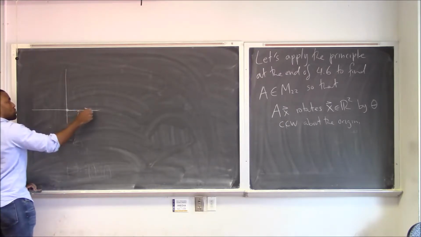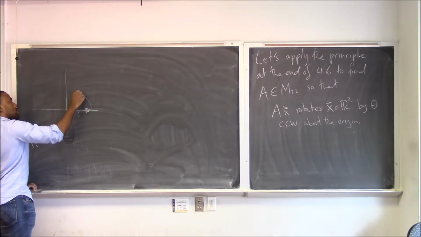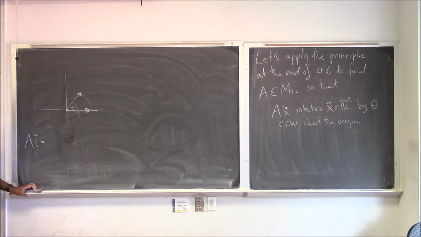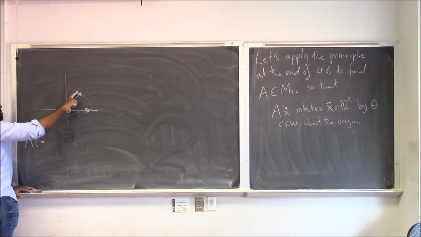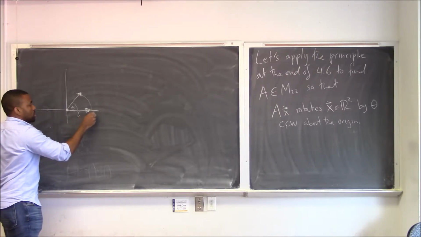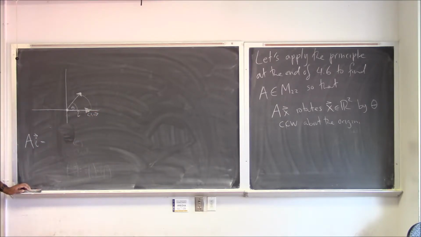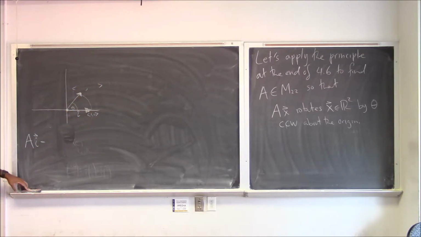Let's say I want to rotate counterclockwise by some angle theta. Now the question is, how does this vector change to that vector? What would that vector be? Here is the vector 1, 0. What would this vector be if I were to describe what it is? Is it like cosine theta, sine theta?